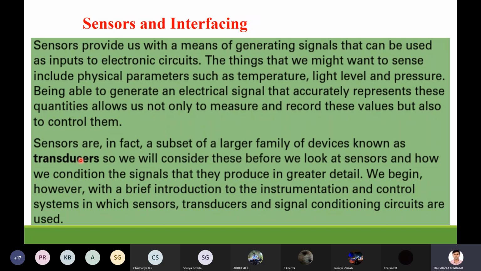Here the sensor generates the electrical signal by using the physical quantities, such as temperature, light, pressure. That is what we call a sensor, and it is also a part of the transducers.